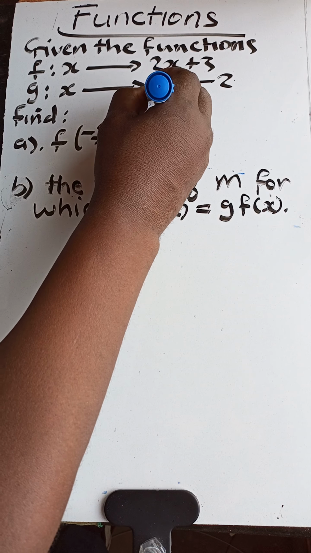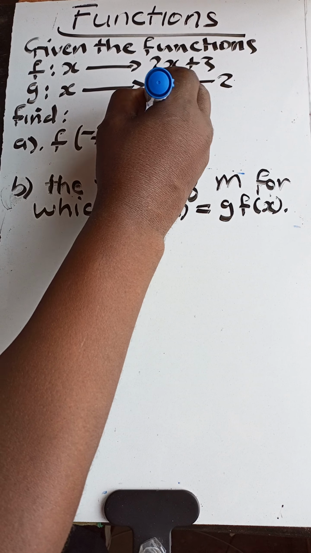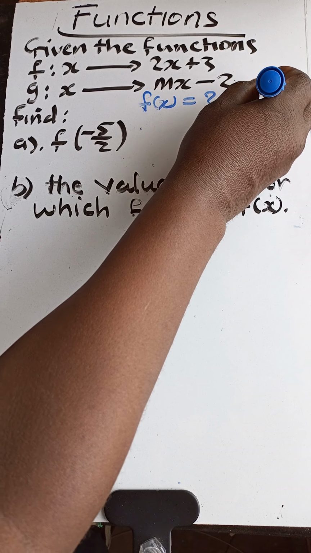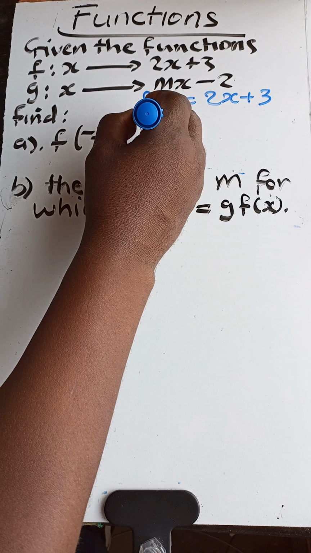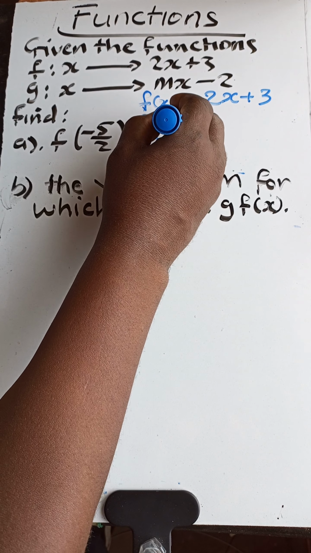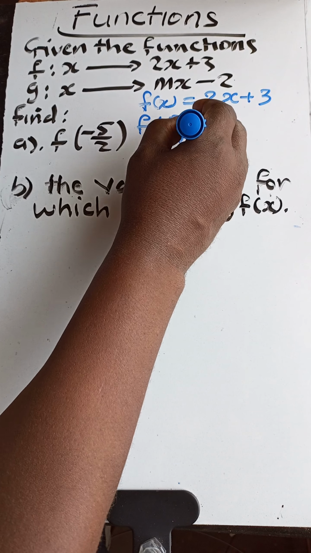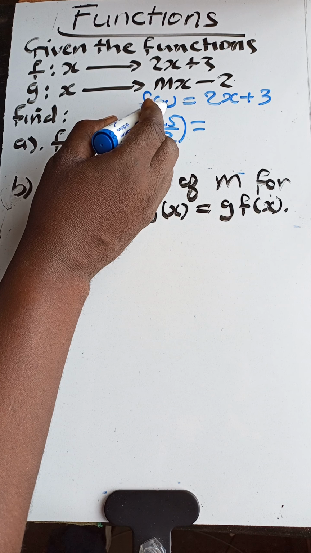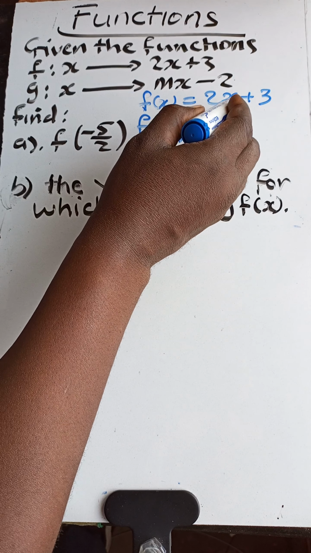We have f of x is equal to 2x plus 3. Therefore, f of negative 5 all over 2, we are going to put negative 5 all over 2 in the place of x in that expression.